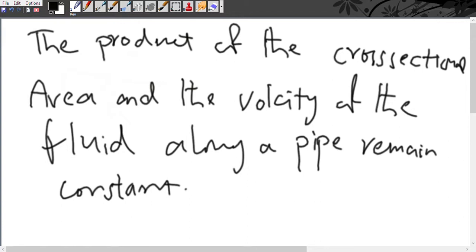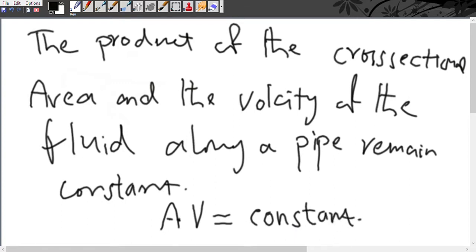Which means that if we have a pipe of cross-sectional area A and fluid speed V at any point, A times V would be equal to a constant. I hope I have cleared the definition.